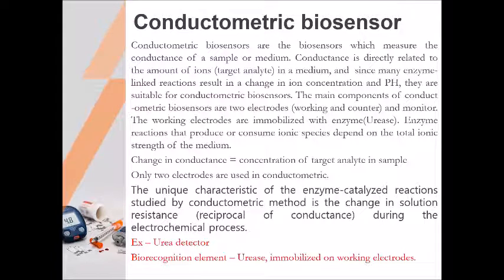Conductometric biosensors are the biosensors which measure the conductance of the sample or medium. Conductance is directly related to the amount of ions, which means target analyte, in the solution or sample. And since many enzyme reactions result in change in ion concentration and pH, they are very much suitable for the conductometric biosensor.